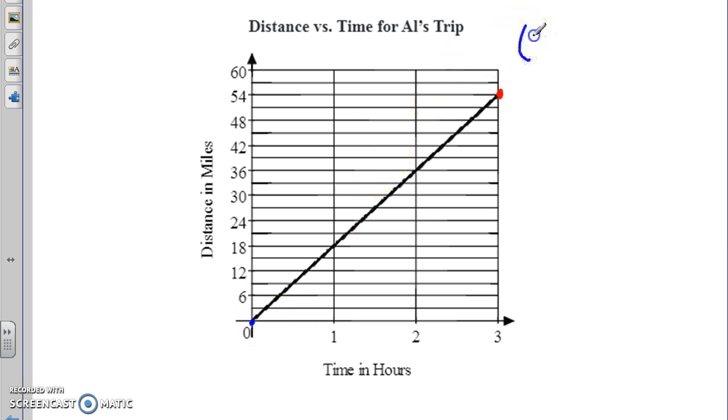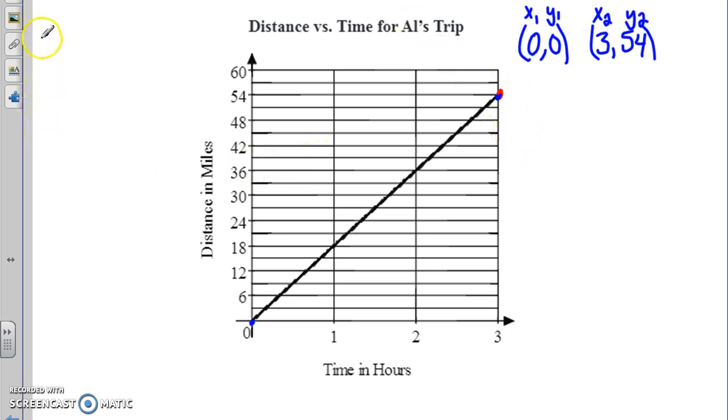So that would be 0, 0. Okay, and then it says from 0 to 3. So at 3, Al's distance is 54. So that would be 3, 54.